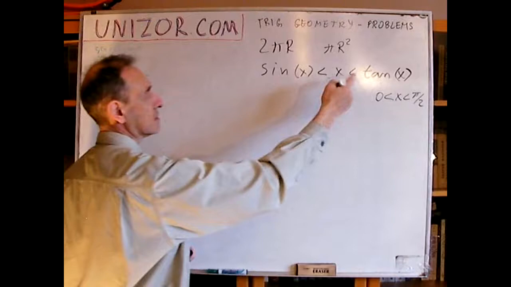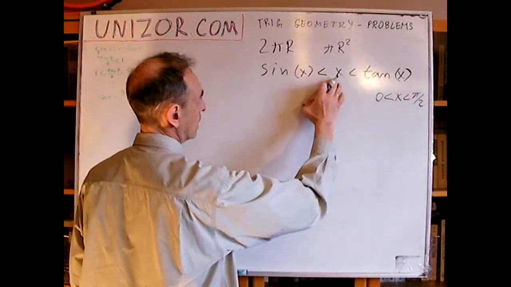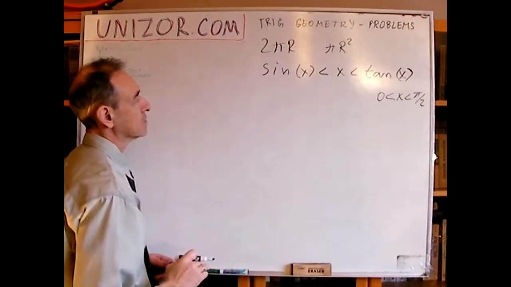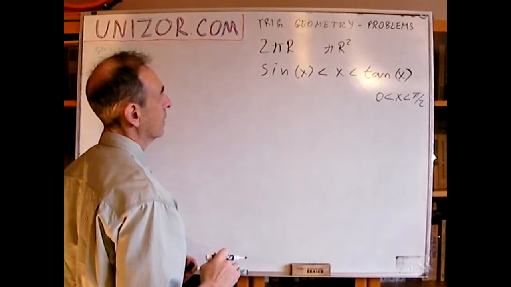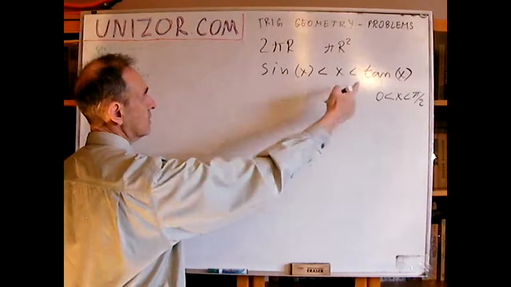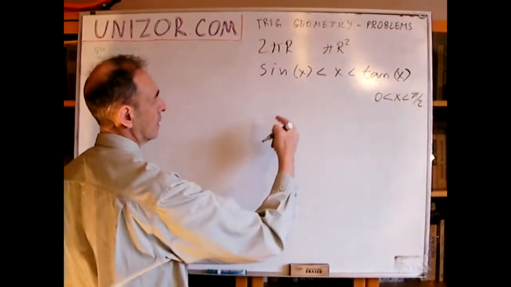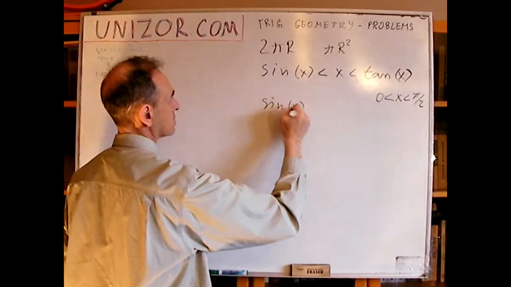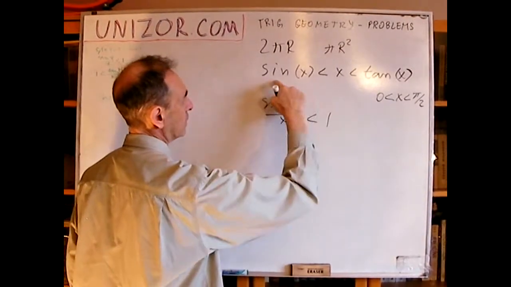I mean, that was the condition of the original, but it's enough actually for us to concentrate on these particular angles. Now, it's very easy to derive from here. If we divide by x, I will have sine of x over x less than 1 from this one, right?